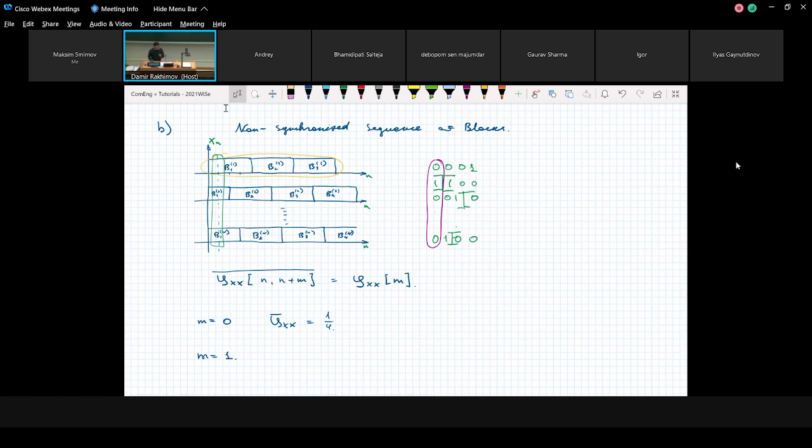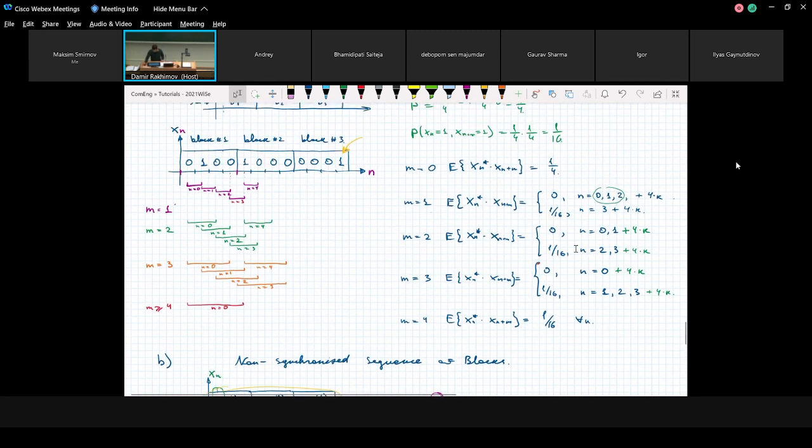We analyze what happens when we have a shift between the sequences equal to 1, and we don't know where we have the start of our symbol, of our block. This is what we have to consider for m equals 1, and you have to calculate the average. In average, what will be the autocorrelation function?